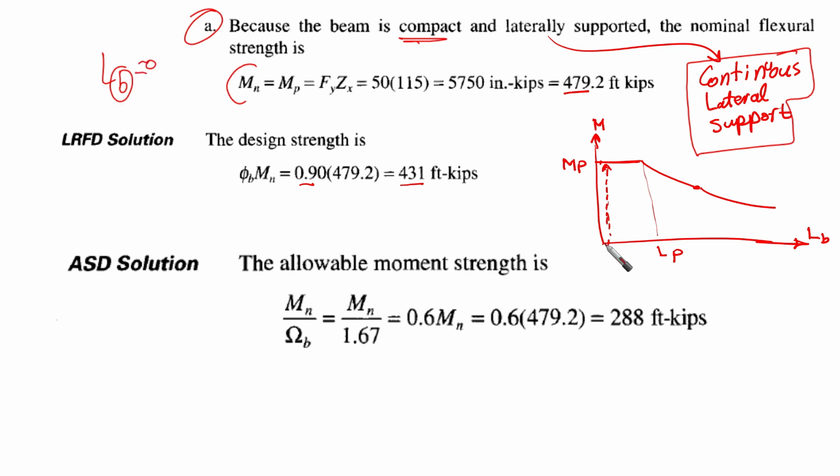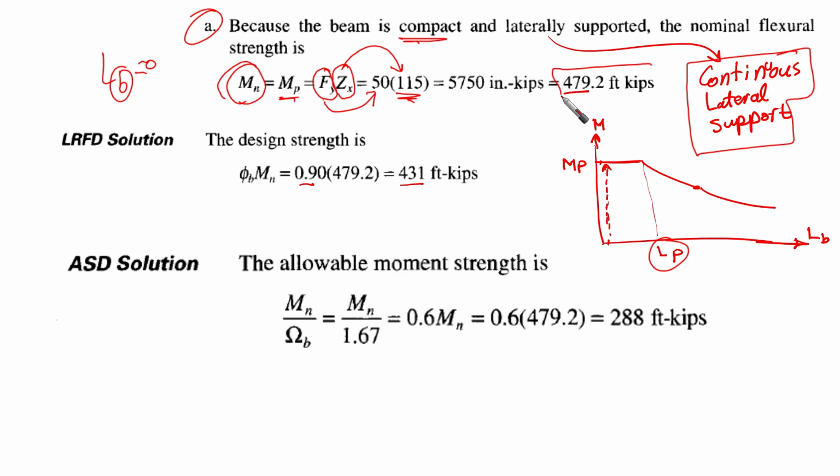So in the table we are at this point, and in the figure we are here, less than L_p. This means that our nominal strength is going to be M_p, and it equals F_y times Z_x. F_y is 50, Z_x is 115. This can be obtained from the tables.